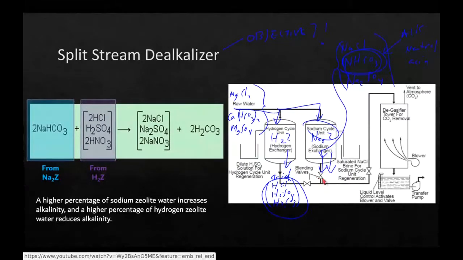Then we're going to have a three-way valve, a blending valve, or a mixing valve, which combines those flows in the proper proportion so that the only kind of alkalinity we get out is carbonic acid. So we're going to put a degasifier tower downstream to neutralize the carbonic acid, and away we go.